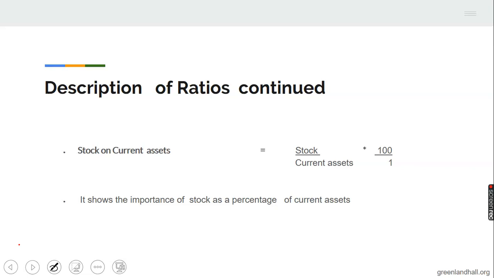The next one we have is the stock on current assets. The stock is the quantity of goods kept or maintained at a particular period of time in the store or in the warehouse.